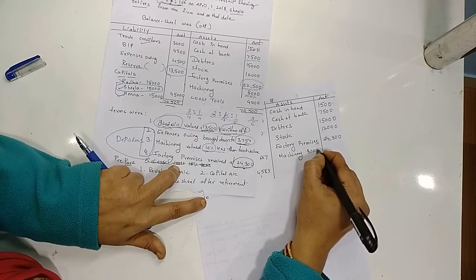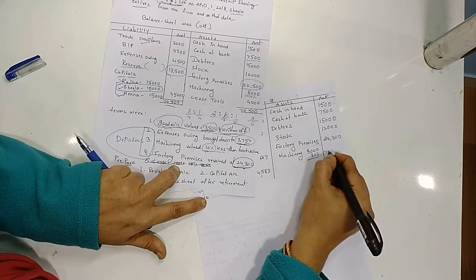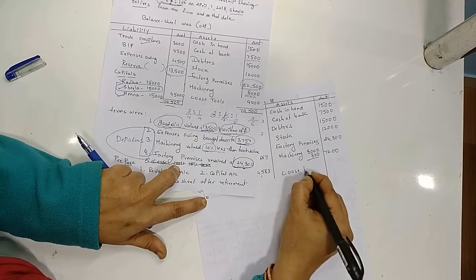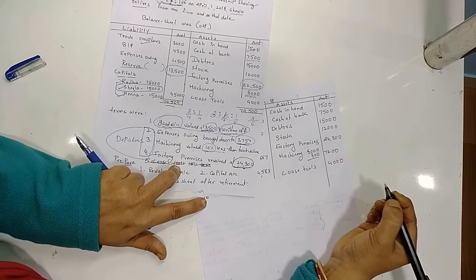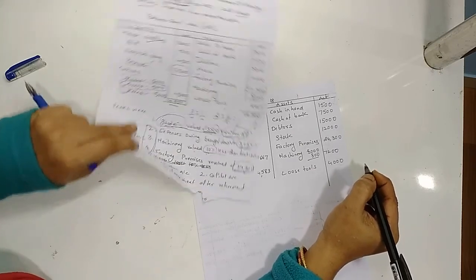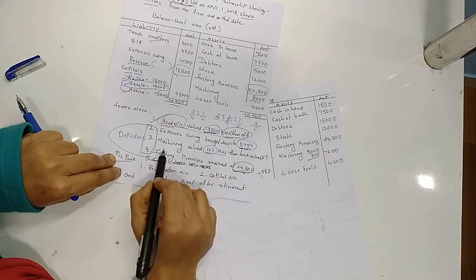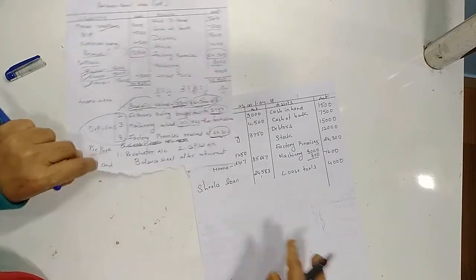It was 8,000 earlier, 800 decreased, so it will be 7,200 now. Loose tools: nothing is mentioned, so we should assume that the loose tools value remains the same, 4,000. Now check your adjustments whether you have anything else to write. Goodwill we already distributed, expenses also taken, machinery value also taken, factory premises also, only revalued values are taken.